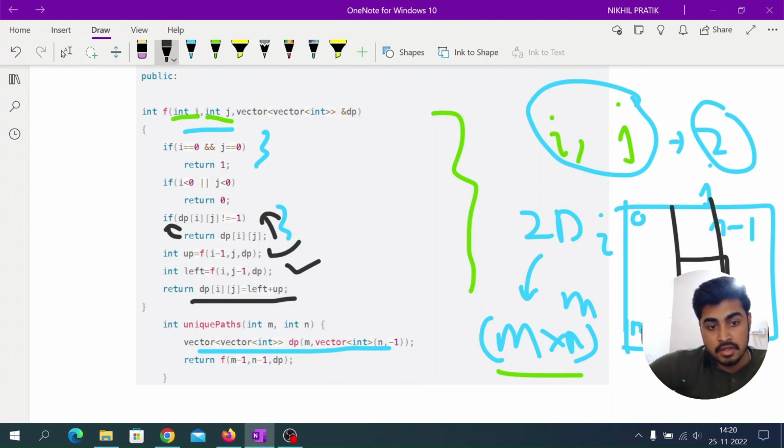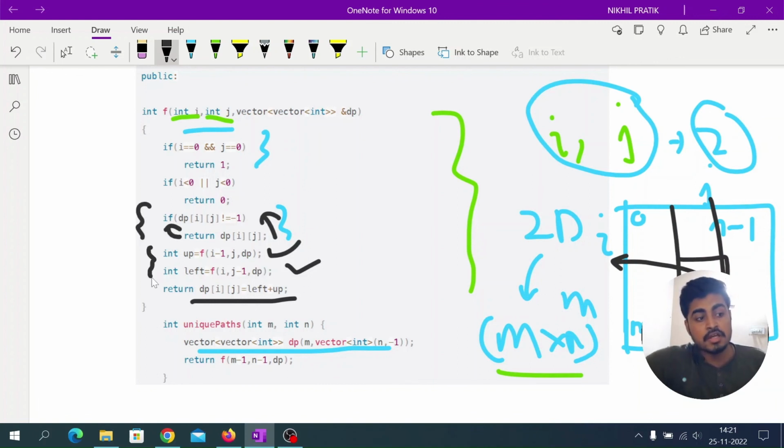So this is how we devise the size of the data structure, and then store and check whether the value is already computed and stored in that cell or not. If it is stored, we directly return, as in this case. If not, we compute its subproblem and store it in that cell. This is how the DP problem is solved and implemented.